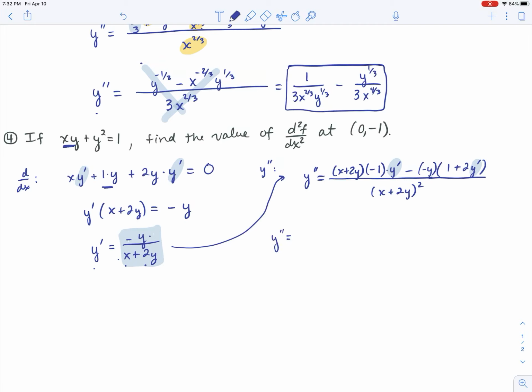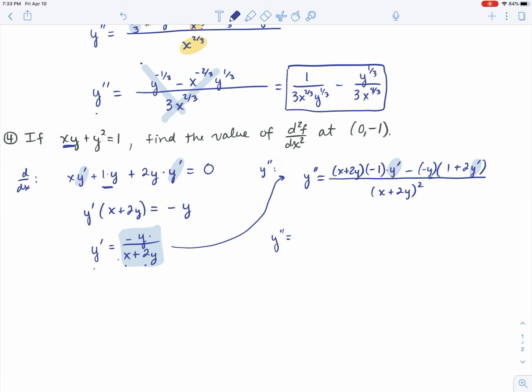So I've got in my numerator, let's see, I'm going to have a negative 1 and a y in the numerator, and then an x plus 2y squared in the denominator. Is that correct? Let me see. Not sure why I put that. Let me erase that. I take it all back.